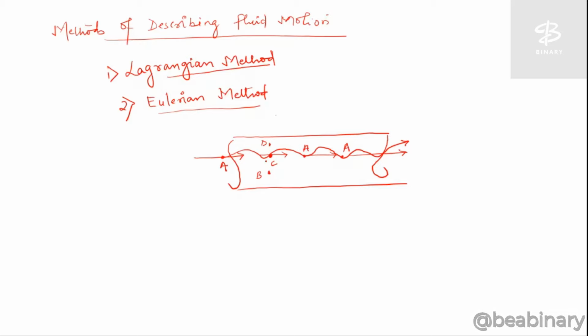Okay. So we are not tracking the individual particle, we just fix the point, and whatever particle passes through this point, we track the velocity, acceleration, density, and we calculate different types of properties. Okay.